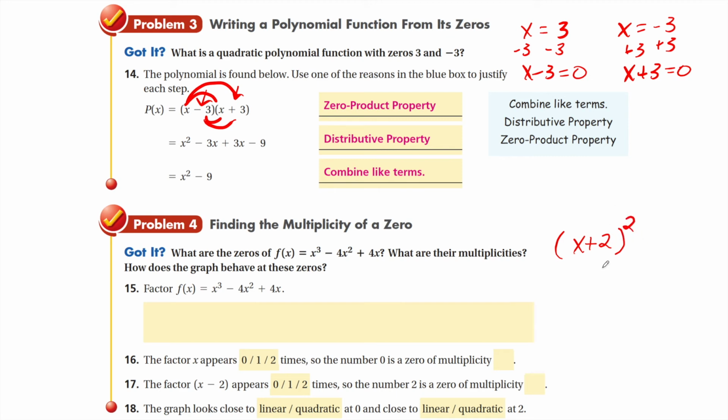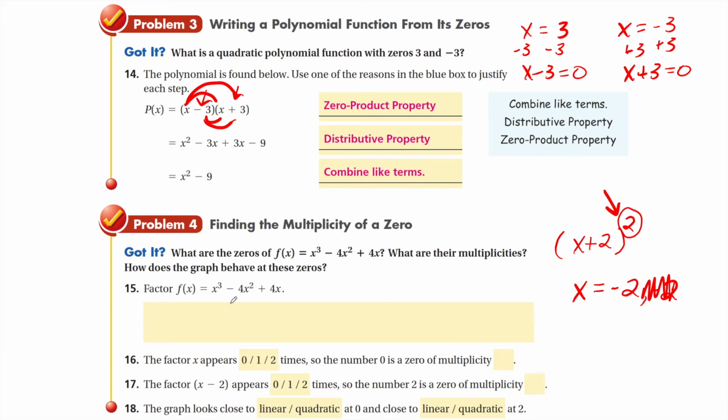If we end with an x plus 2 squared, we'll run into a situation where our answer will only equal x equals negative 2, because it will be x equals negative 2 and negative 2, and there's no reason to multiply it twice or put it in twice, so we call this x equals negative 2 with a multiplicity of 2, and you can kind of base it off of the degree at the top.